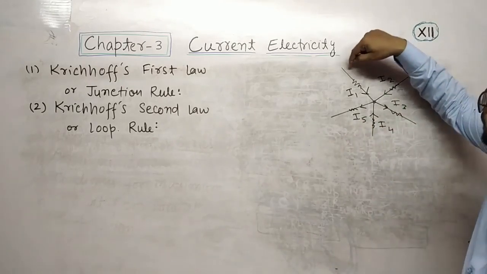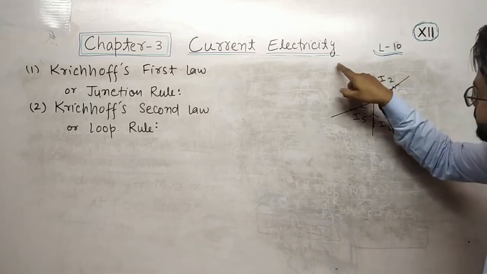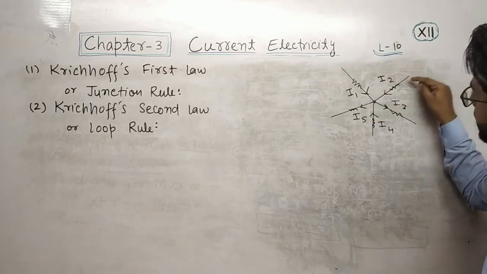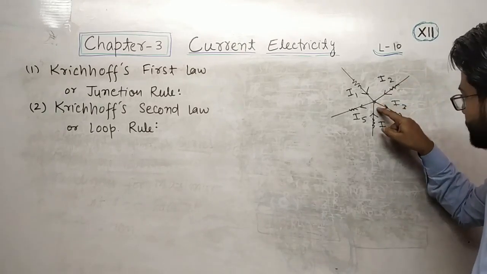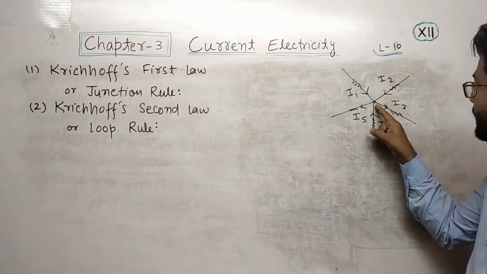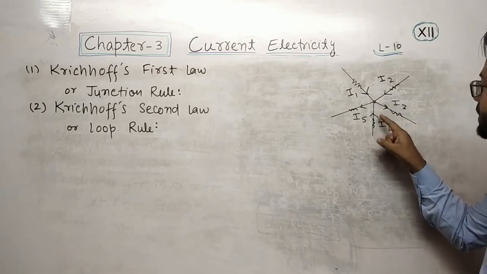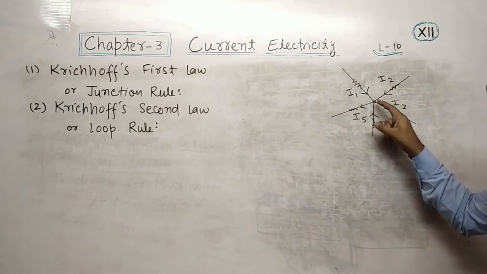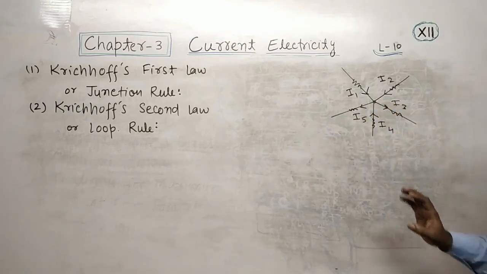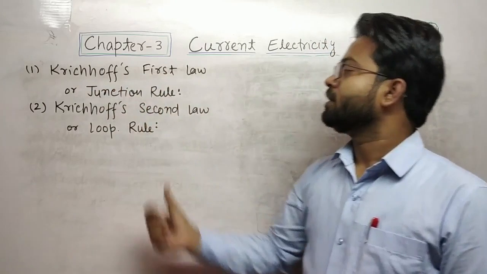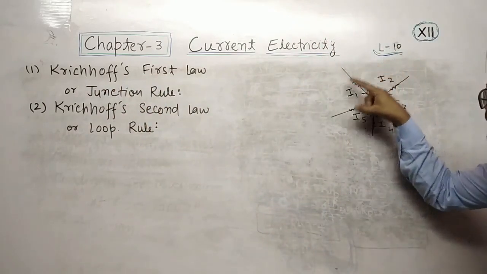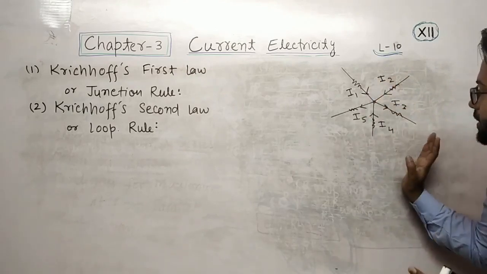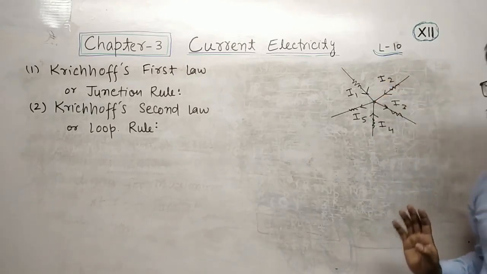In the first resistor current is coming toward the junction, in the second resistor current is coming toward the junction, in the third current is leaving, in the fourth current is toward the junction, and at last I5 is leaving the junction. By Kirchhoff's law, the algebraic sum of all the currents meeting at a junction is equal to 0.